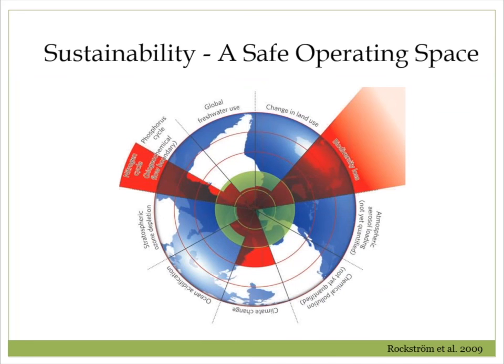And ultimately, if we think about why this is important, there is the intrinsic value of a beetle, the intrinsic value of a bird, but we can think of biodiversity as a key indicator of the safe operating space of our planet, where if we extend beyond that safe operating space, humanity in and of itself is at risk. This is work by Rockström and their group in Stockholm, the Resilience Center.